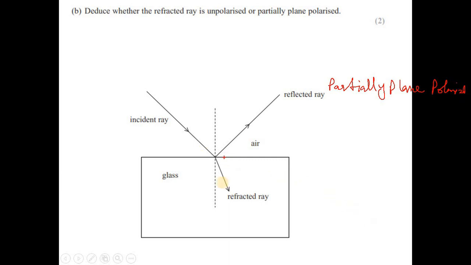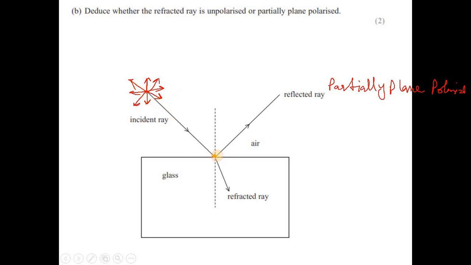What is happening? Suppose this is the incident ray, and the incident ray is clearly unpolarized. That means we have a vertical plane, we have a horizontal plane of oscillation, we have some other plane, and you can draw many other planes. An infinite number of planes are there, unpolarized light.